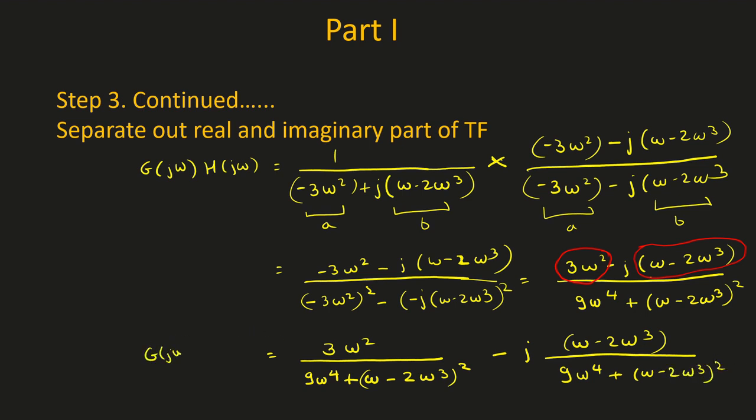So now the transfer function G(j omega) H(j omega) is separated out in two terms: this one as a real part, and this as an imaginary part of a complex number.